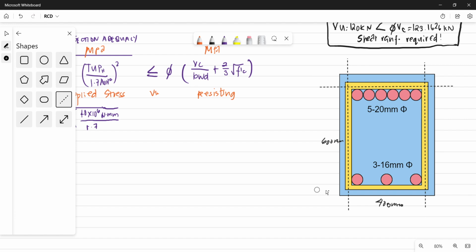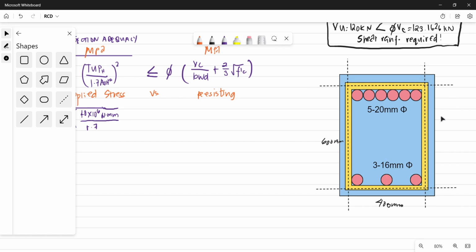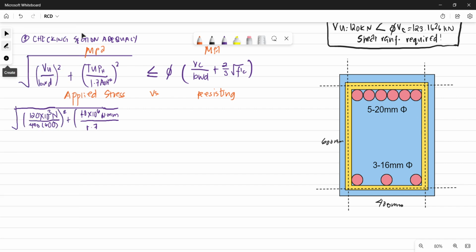Then your Y. So this is for your Y, this is for your X. And this is for your Y. Yan. Your X and Y.